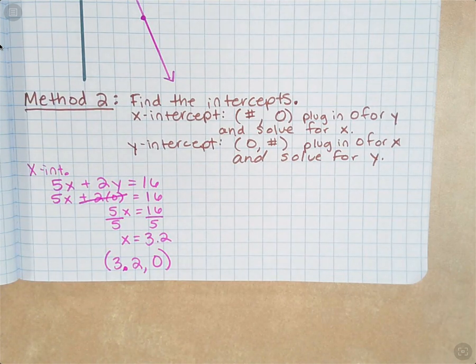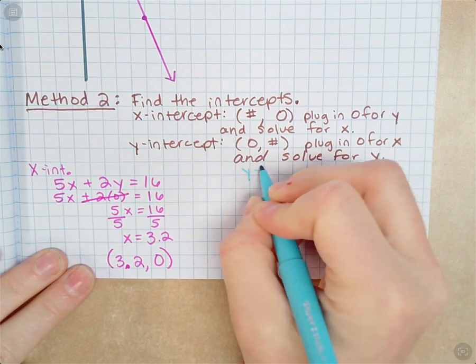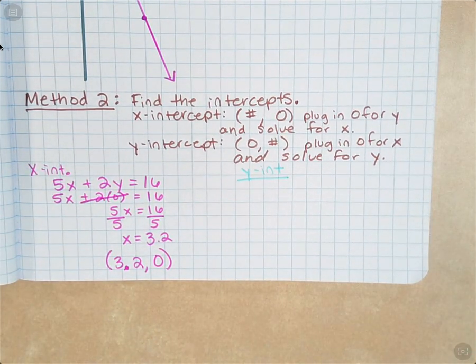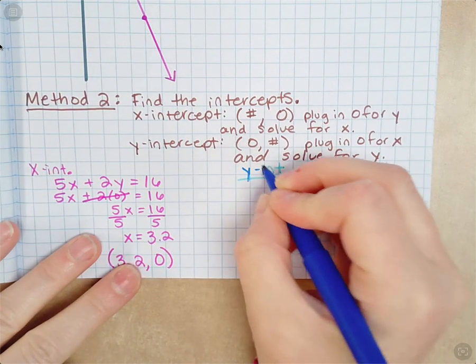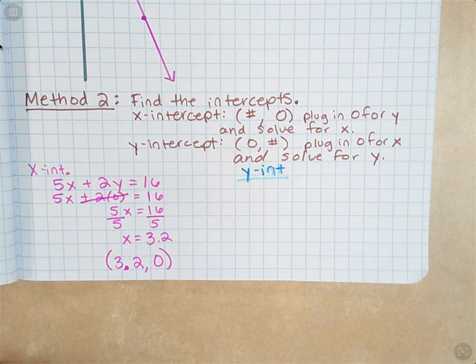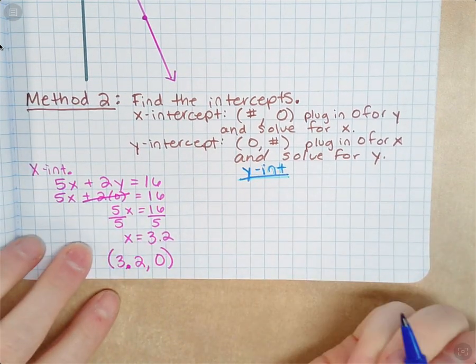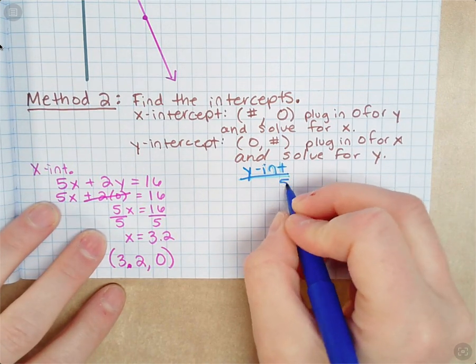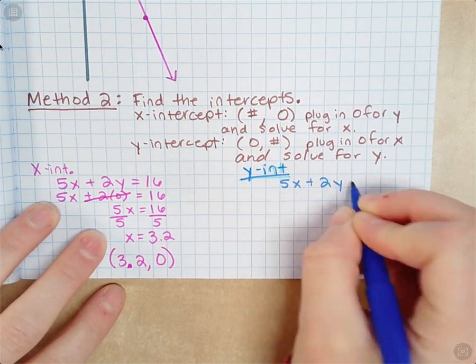All right, and then our y-intercept. This is where we are going to plug in a 0 for x and solve for y. So 5x plus 2y equals 16.